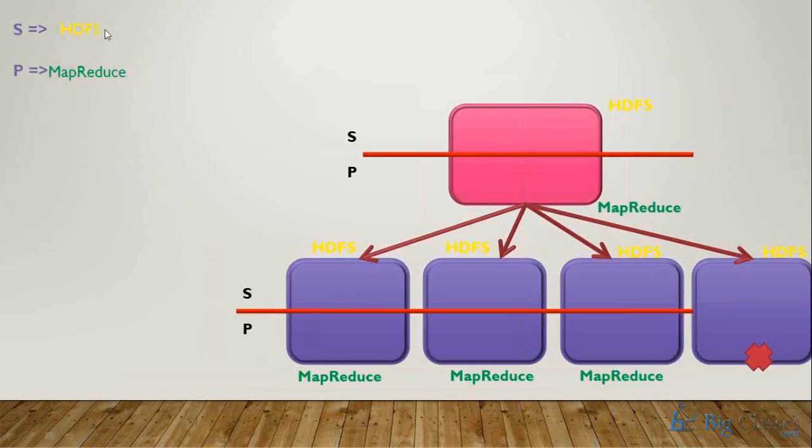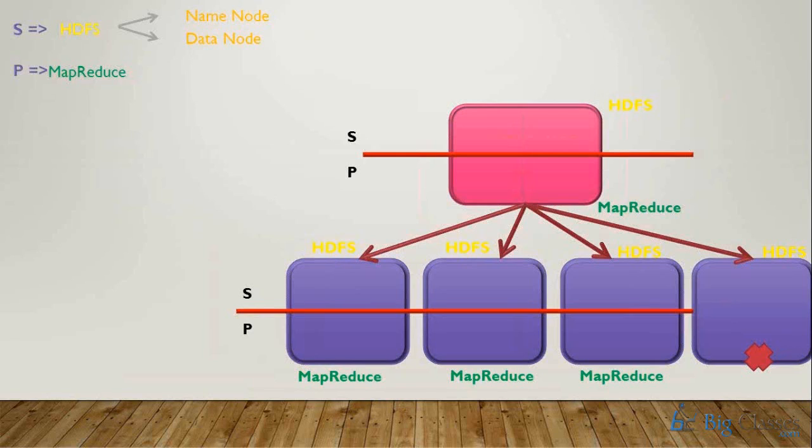Based on the role, I need to split my HDFS into two parts, guys. Master side HDFS and slave side HDFS. The master side HDFS we can call a name node. The slave side HDFS we can call a data node. The combination of name node and data node is nothing but HDFS again. The combination of faculty and students is nothing but human beings, right? Same thing. Based on the roles, we are just giving separate names.